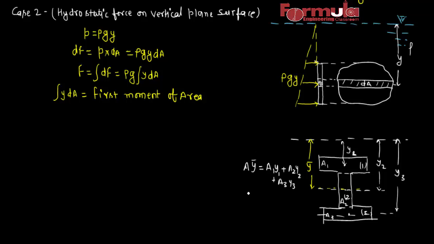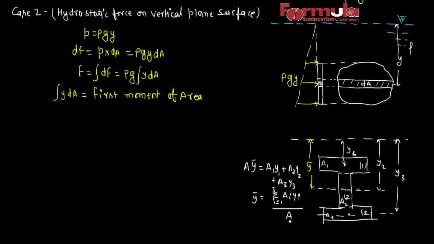Again we can simplify this, so y bar will be equal to the sum, with i moving from 1 to 3, of Ai yi divided by A. That is y bar, the center of gravity of this whole I section from this reference line.